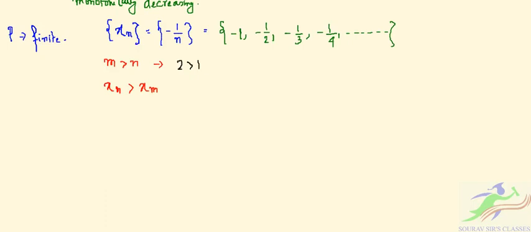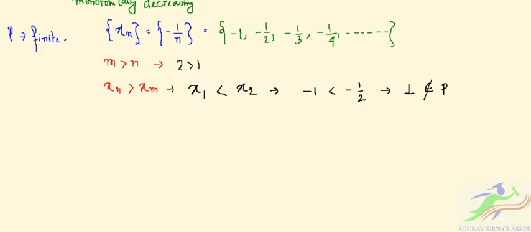Here you will find that x_1 is less than x_2. Why? Because minus 1 is less than minus 1/2. This implies that 1 is not an element of P.